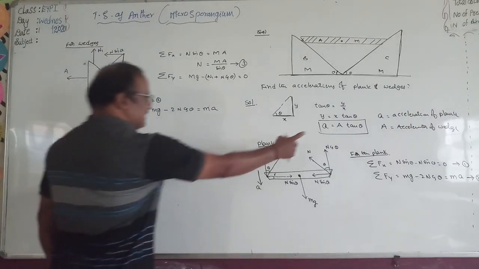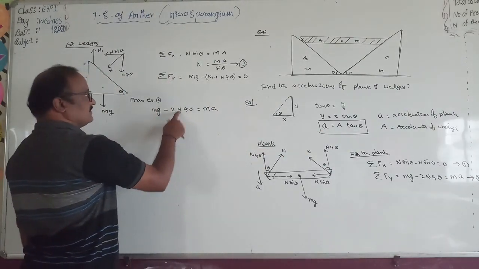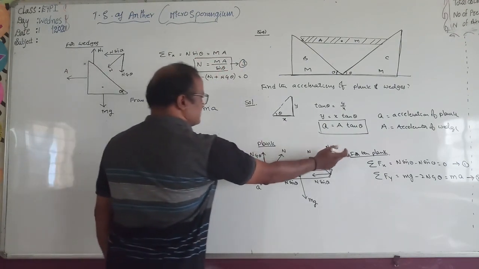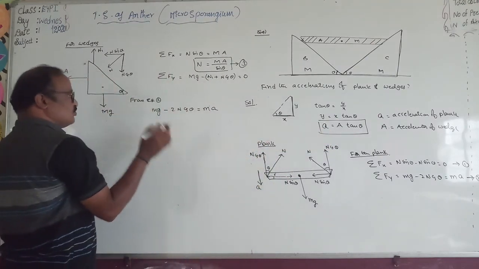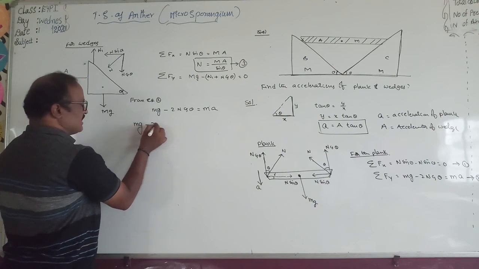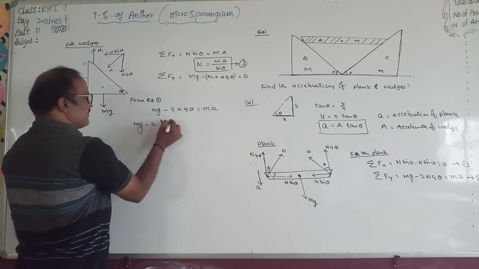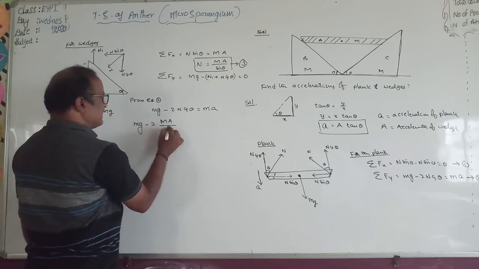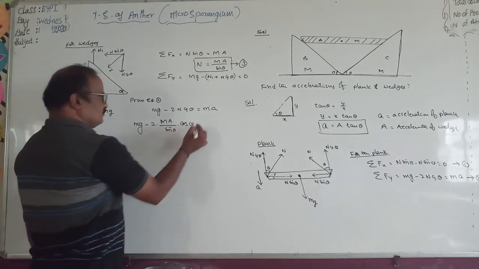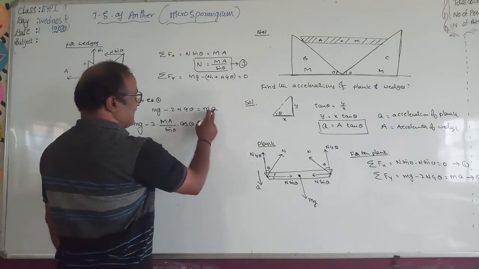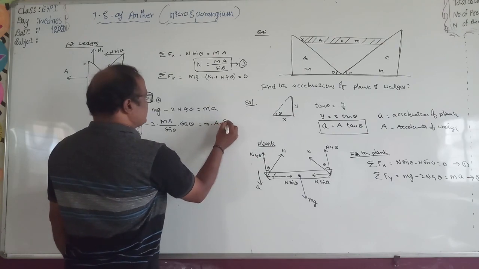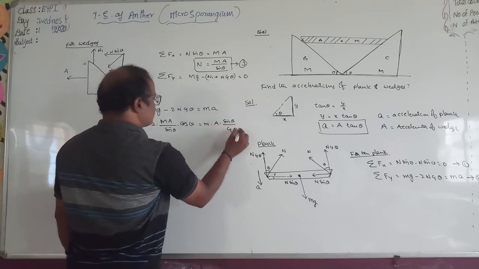Substituting the value of small a and N: N is equal to MA by sin theta, and small a is equal to capital A tan theta. These two values are substituted in the given equation to get mg minus 2 into MA by sin theta into cos theta is equal to m into capital A tan theta.